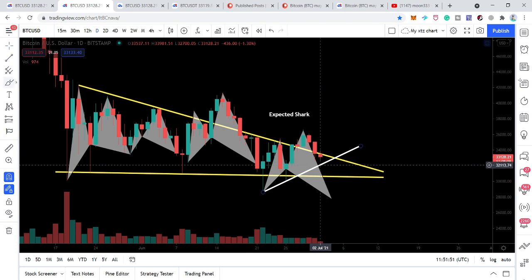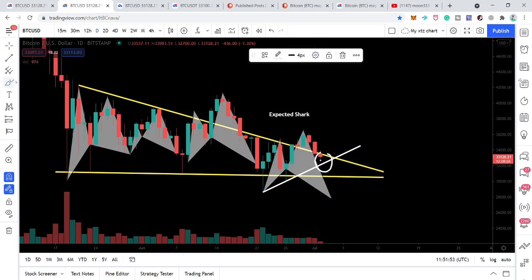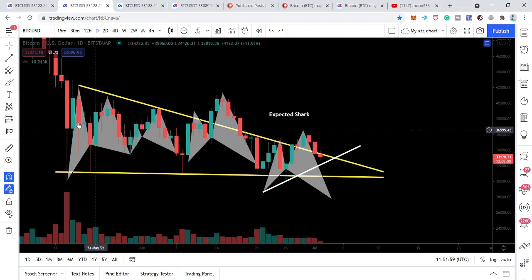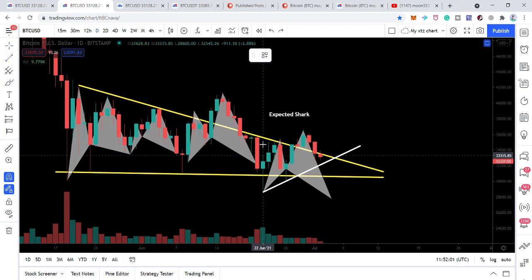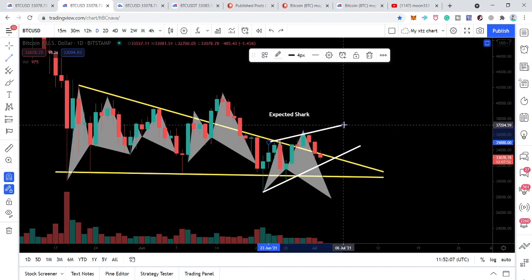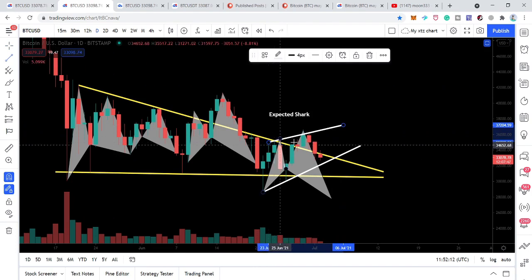If the price action reverses bullish from here and moves to the upside, then the uptrend line support will be confirmed. If I place this trend line again to connect all these wicks of the candlesticks, we have touch points here and here and here as well, and another touch point here.